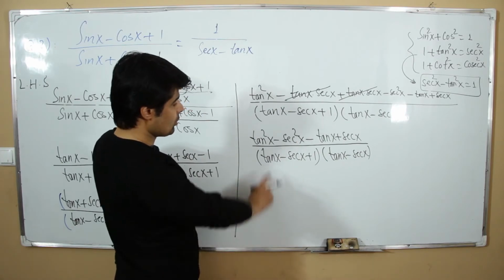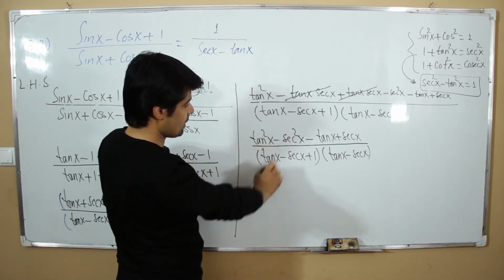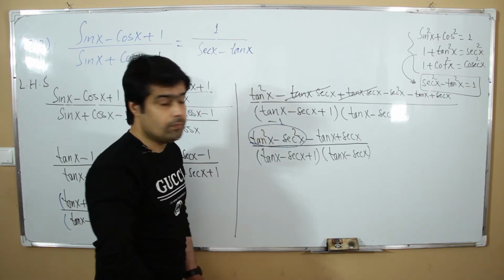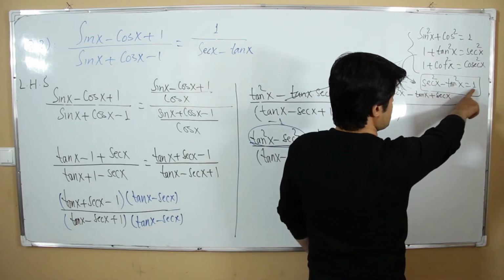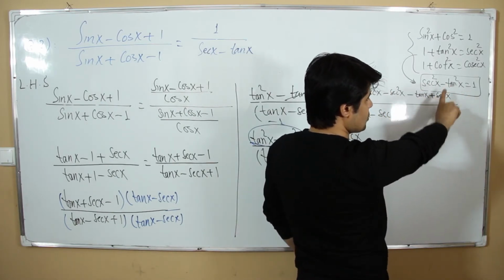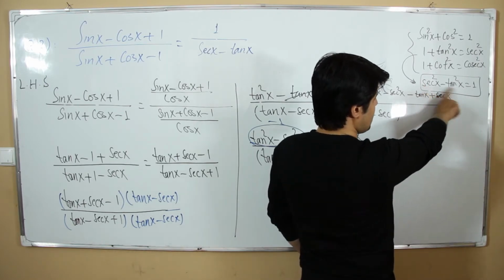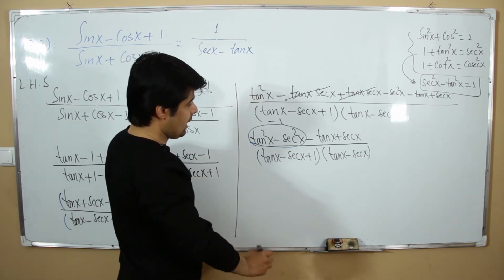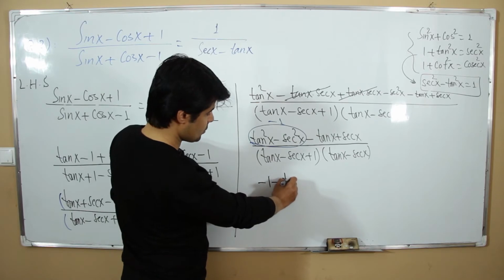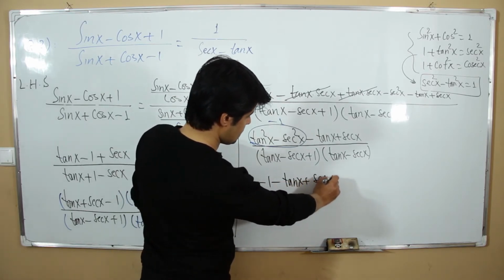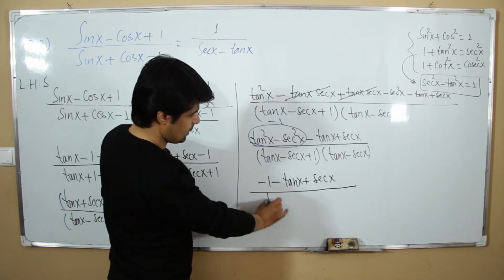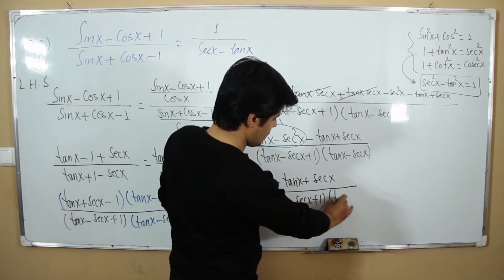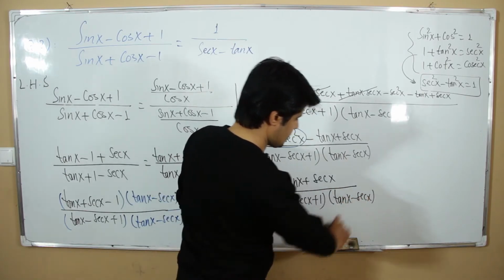Now what do you think? Tangent square minus secant square: secant minus tangent is 1, and if we multiply both sides with negative, we will have tangent square minus secant square is minus 1. Am I right? Yes. So we have minus 1 minus tangent x plus secant x divided by tangent x minus secant x plus 1 multiplied by tangent x minus secant x.